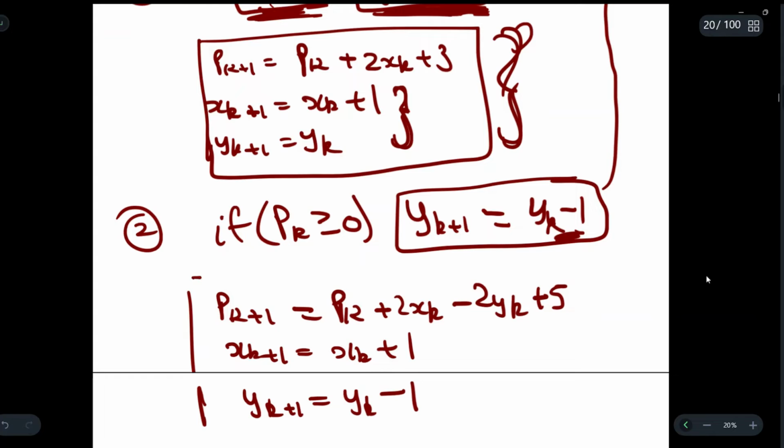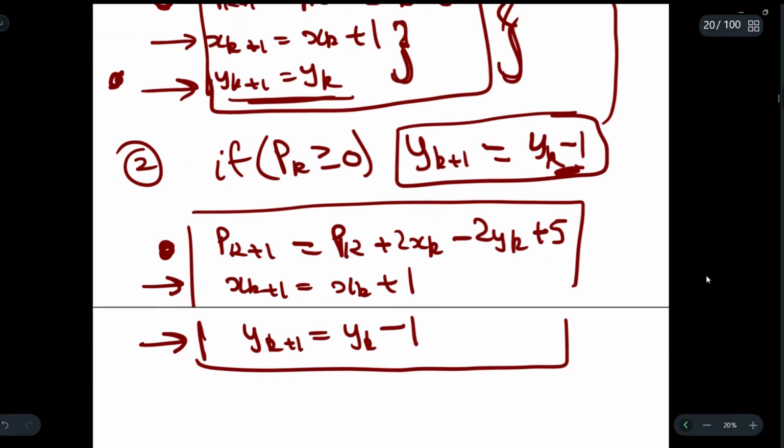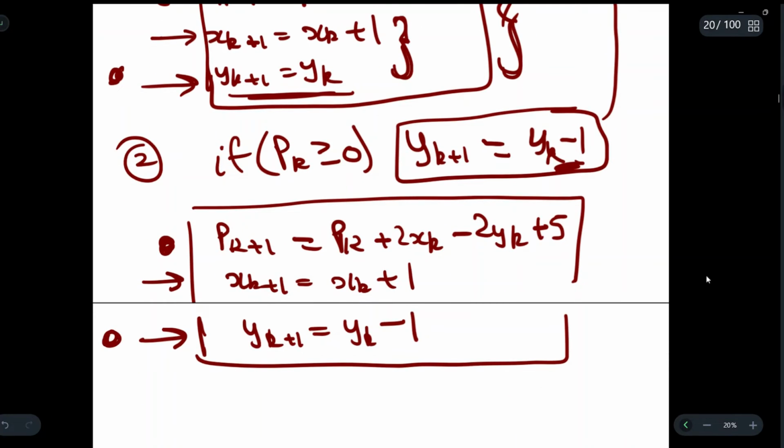Now see that there is a difference between the two equations, that is, the equation of pk plus 1 is different, whereas xk plus 1 remains the same, and yk plus 1 has changed. That is, in the initial case yk plus 1 remains yk, whereas in the second case the value of yk plus 1 now becomes yk minus 1.